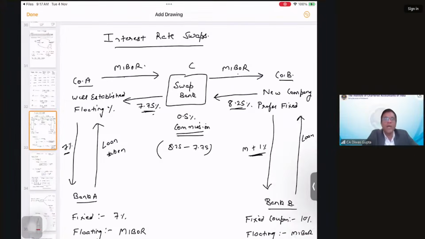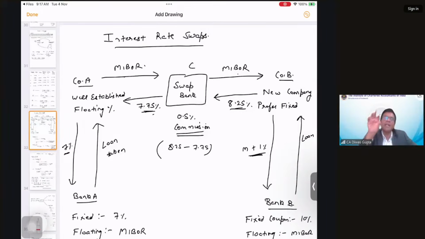Then A will say that no, I want to have a preference of floating. Swap bank will say that okay, wait, you do that, then you swap your fixed obligation with me and you pay me MIBOR, which is the variable rate. Similarly, company B will say, why would I do the reverse side?